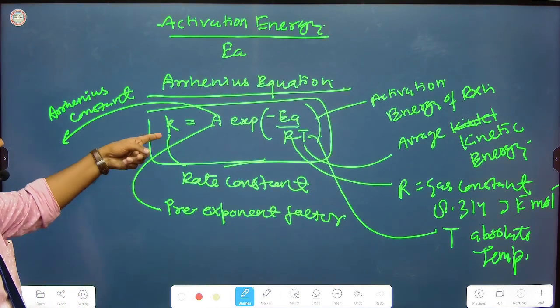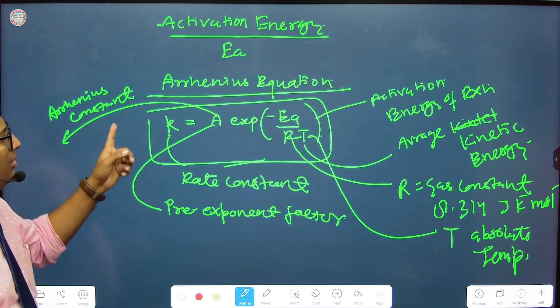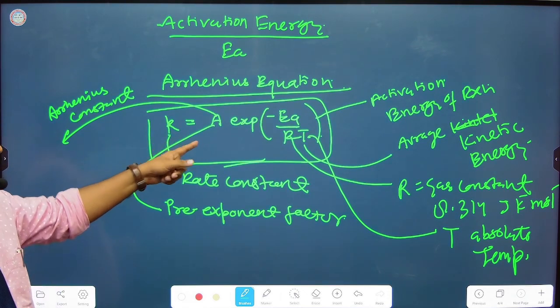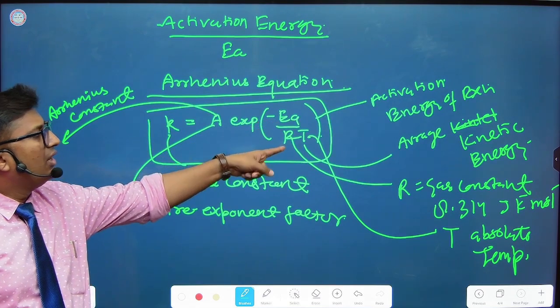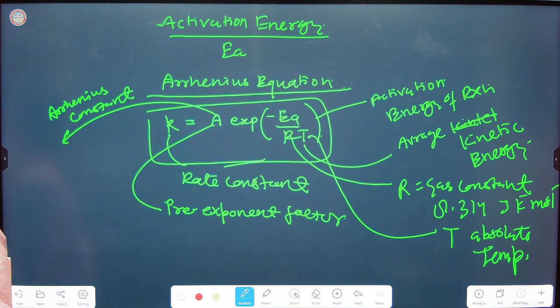Now the rate constant K depends on two factors, that is activation energy and the temperature of the reaction.